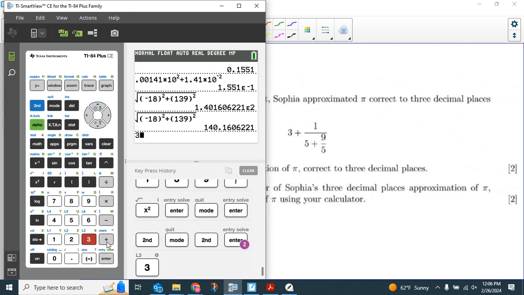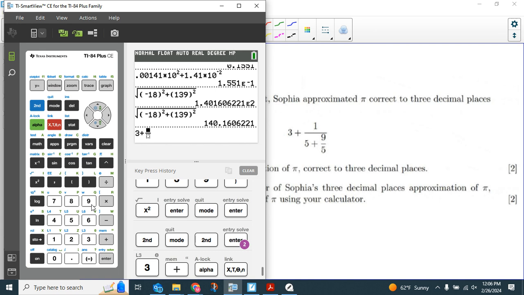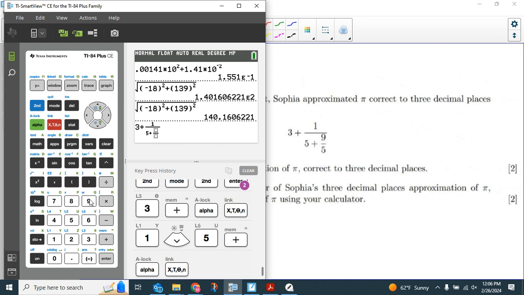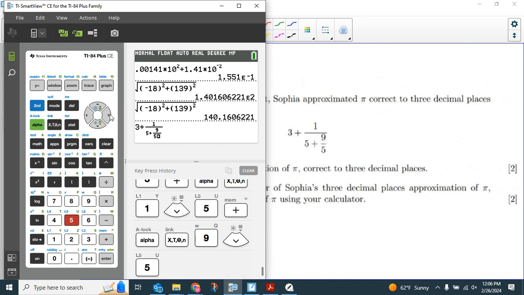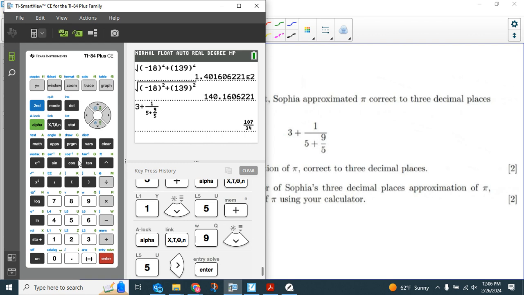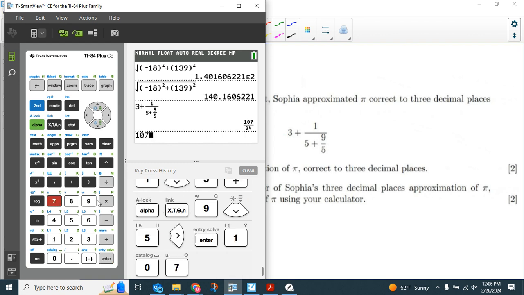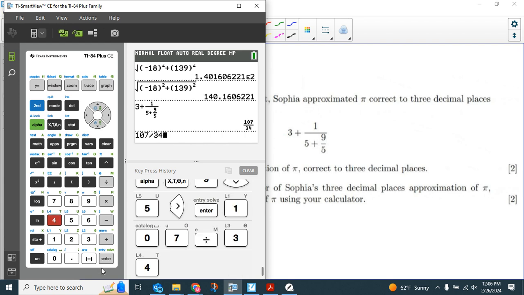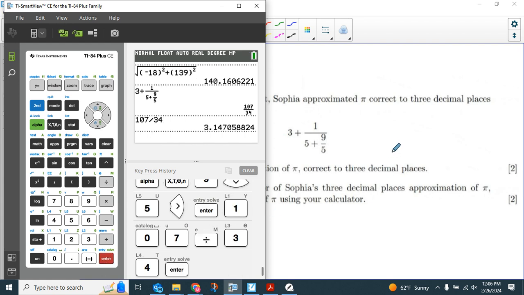We say 3 plus, get a fraction command, 1 over 5 plus another fraction, 9/5. We hit enter there. Again, we don't want this, so you can just do 107 divided by 34. 3.15, to 3 decimal places, 3.147.